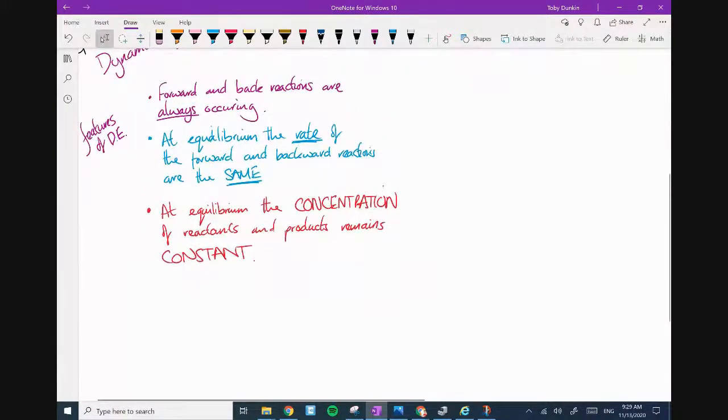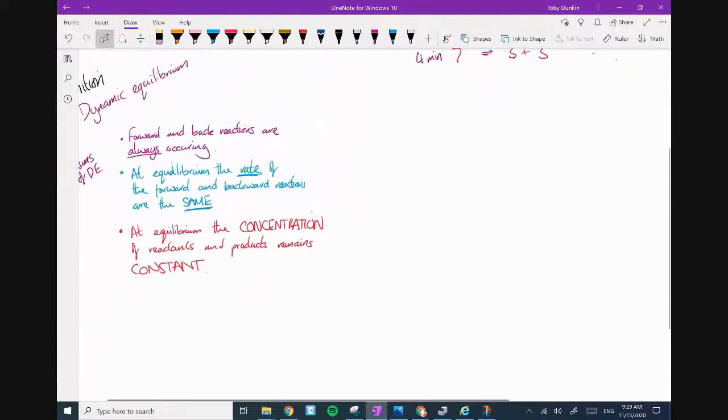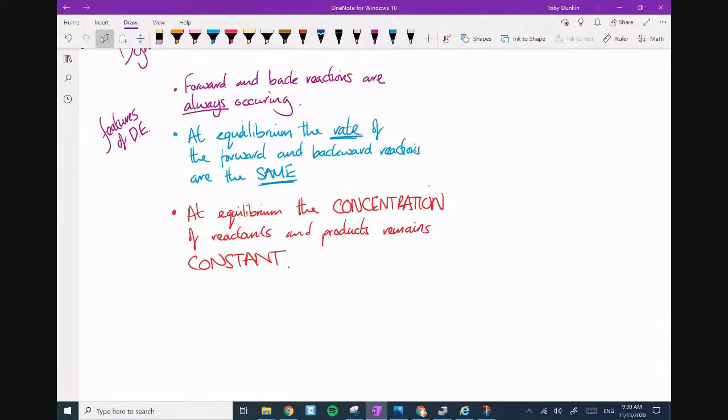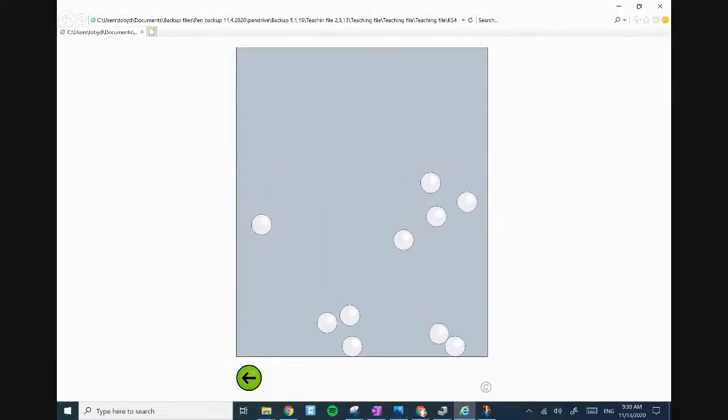Now, can I just point out, those people in the room who are going, hang on a minute, Mr. Duncan, I found your animation confused me. Because when you look at this, what you realize is the numbers are actually fluctuating all the time. But this is because we've only got 10 particles of white.